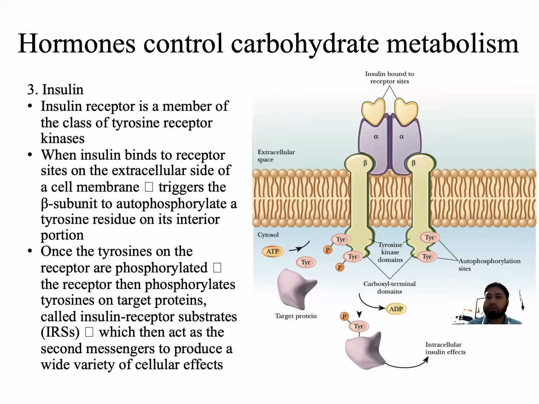Once the insulin is bound to the receptor site, lots of tyrosine is available in the tyrosine kinase domain. The tyrosine kinase domain is another portion of the beta receptors that houses the tyrosine molecules.